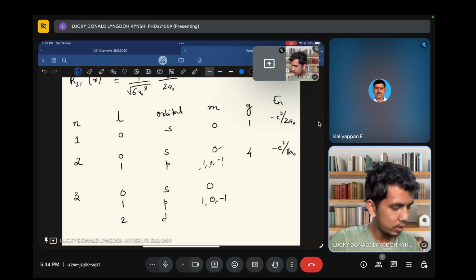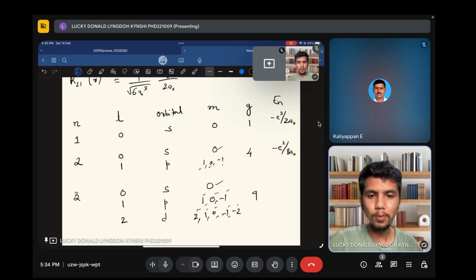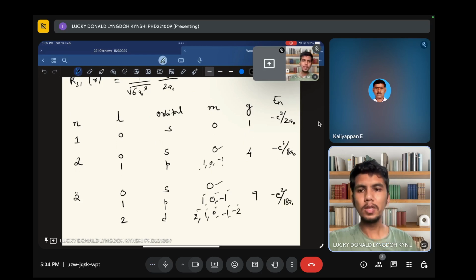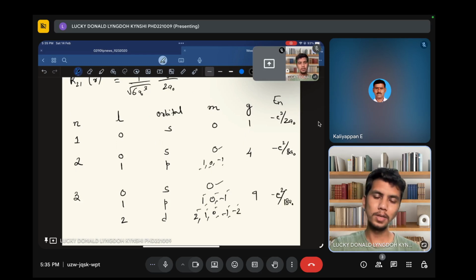And here, since L is equal to 2, m will be 2, 1, 0, minus 1, minus 2. And degeneracy will be 9, because 1, 2, 3, 1, 2, 3, 4, 5, 6, 7, 8, 9. 9 possible states, and the energy is minus of e square divided by 18a0. Okay, so if somebody talks about the s orbitals, that means you can understand L is equal to 0, n is equal to 1. Okay, in that sense.